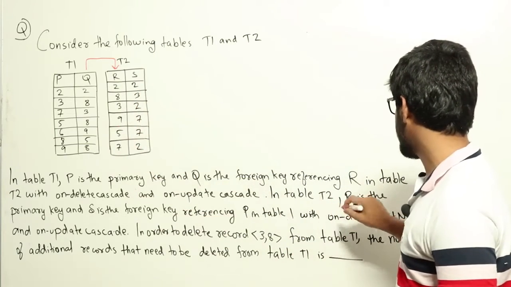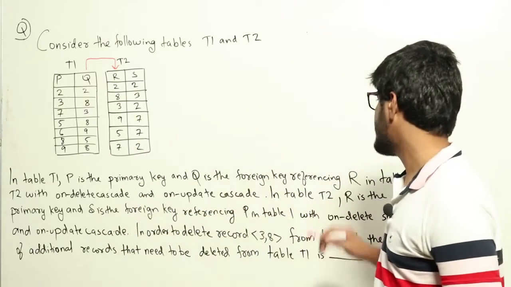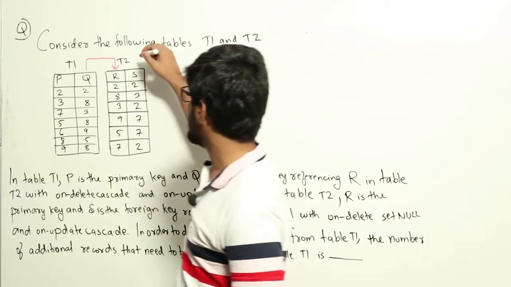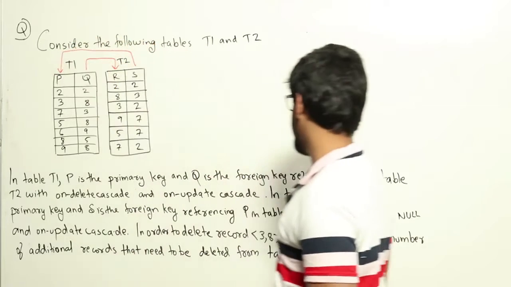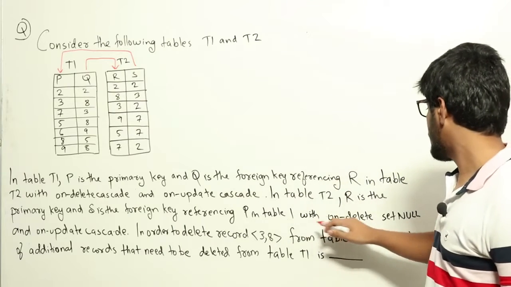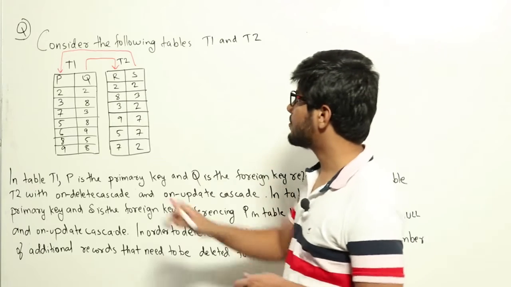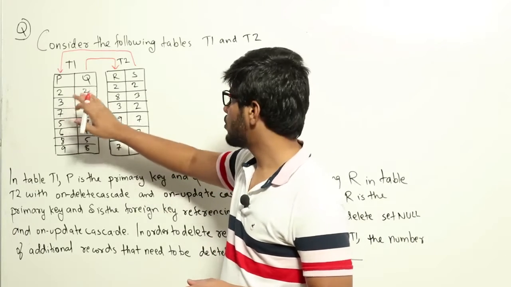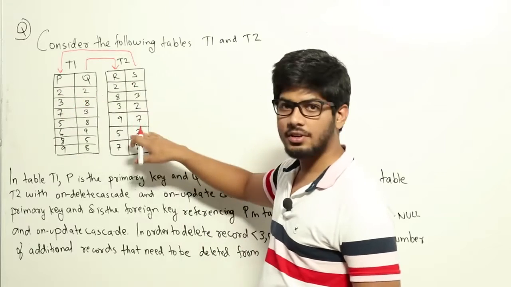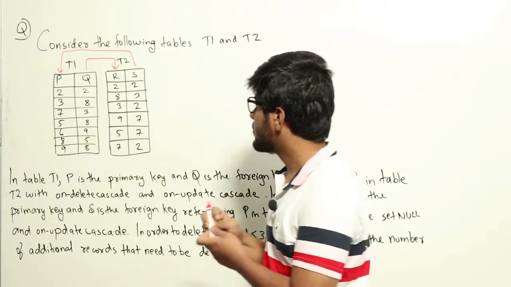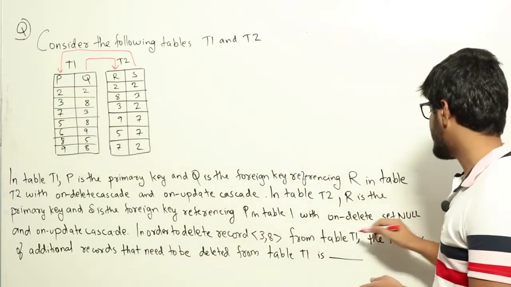Now the other constraint is R is the primary key and S is the foreign key referencing P in table T1. So this is also a foreign key that is referencing P in table T1 and it says on delete set null and on update cascade, which means that whenever something in T1 is deleted, whoever is referencing that P value in table T2 should be set null, I'm sorry, on delete set null.